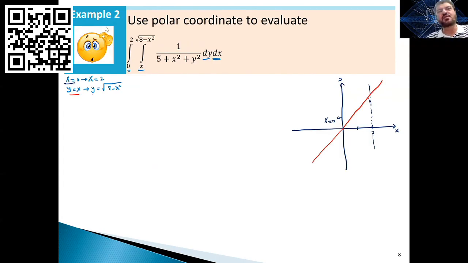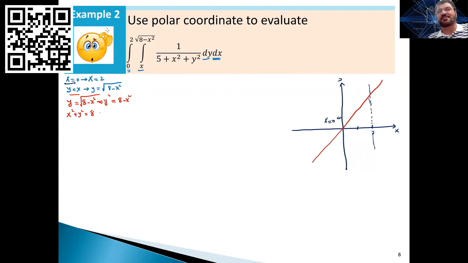And then y equal to square root of 8 minus x squared. What is this? Square both sides, so this implies that y squared equals 8 minus x squared. Move minus x squared to the other side. So what do we have? We have x squared plus y squared equal to what? 8. This is a circle of radius what?